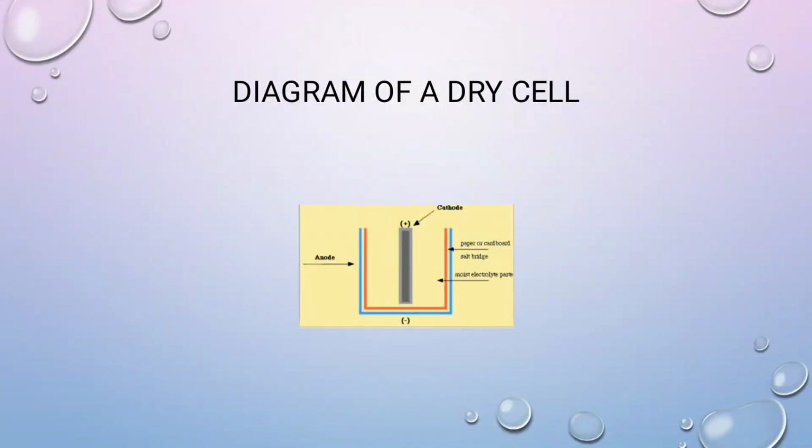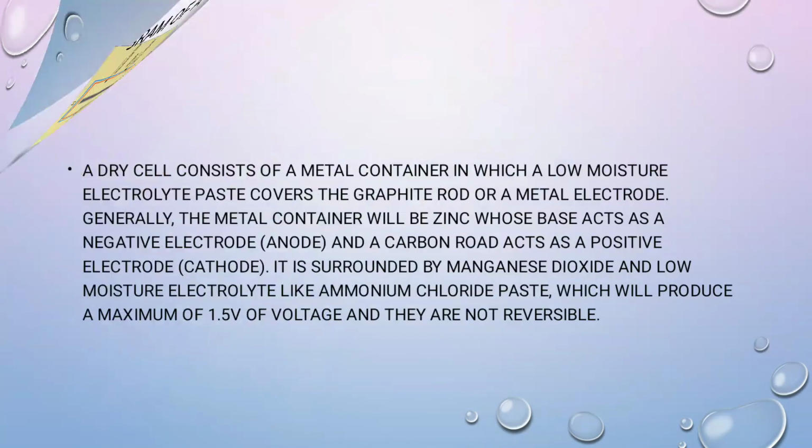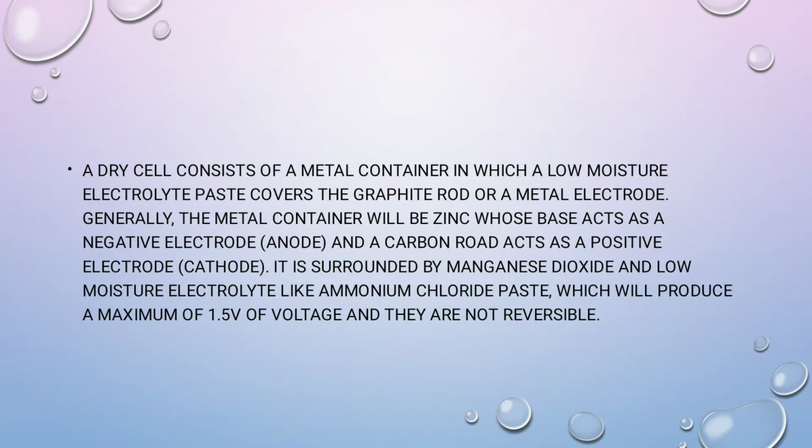So this is the diagram of the dry cell. If you see the diagram closely, you can see a dry cell consists of a metal container in which a low moisture electrolyte paste covers the graphite rod or a metal electrode.